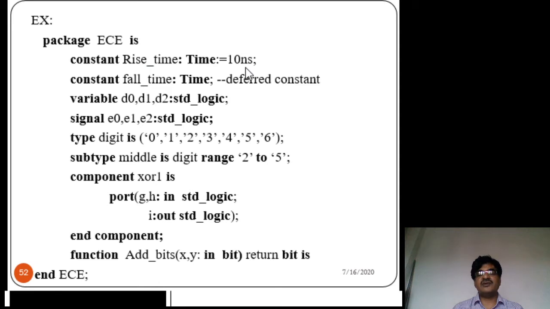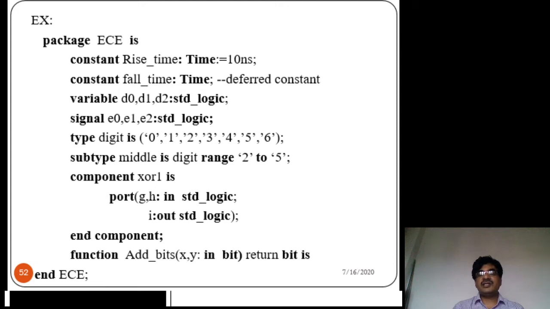And what is its value? 10 nanoseconds. Another one is also a constant object. Its name is fall time. Also it holds time type of data, but no value is assigned here. That's why it is called a deferred constant. But where can the value be assigned? That is done in the package body.